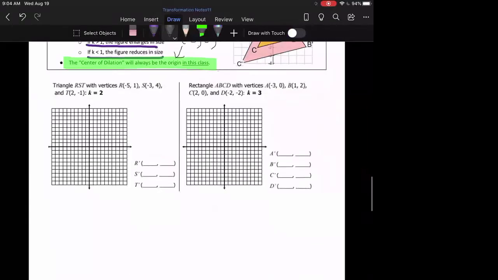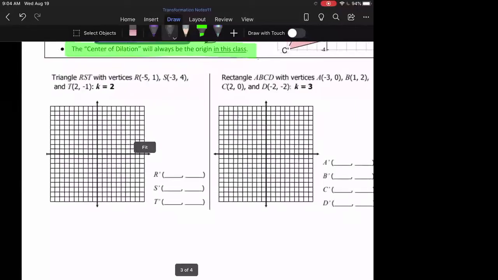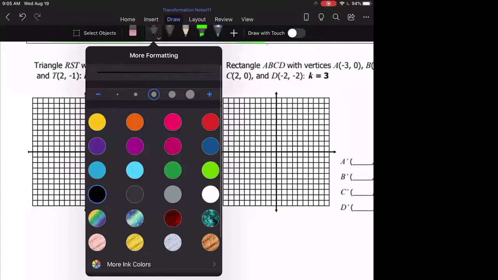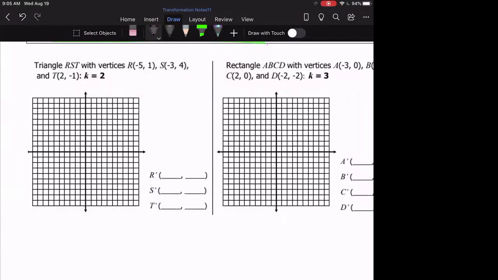Okay, now we're going to take a look at a practice problem. I'm going to draw again the triangle.